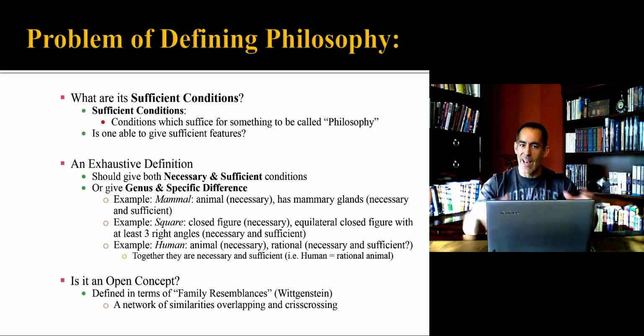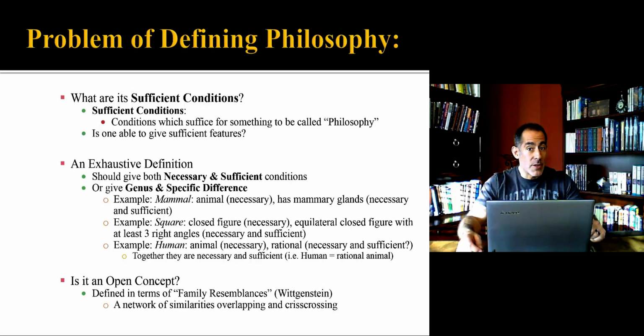If you go for more classical terminology in classical philosophy, they might talk about a genus and a specific difference. And I can give an example on the slide there. Let's look at a square, for example. If I'm going to define the word square, I could try to define it as a closed figure. Well, being a closed figure, we could say, is a necessary condition for being a square, but it doesn't seem to be sufficient, right?